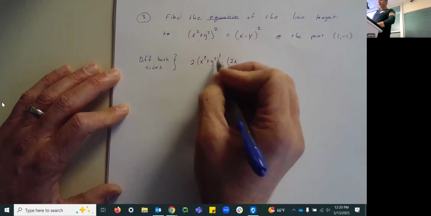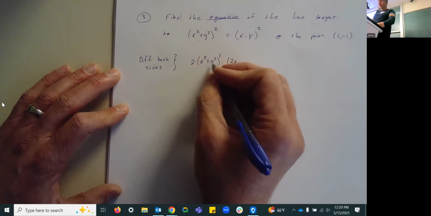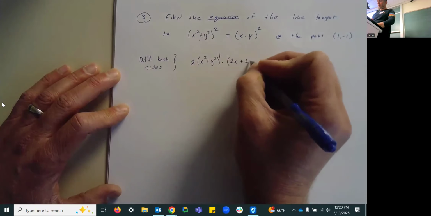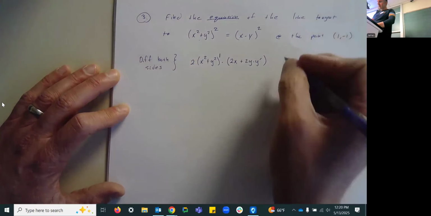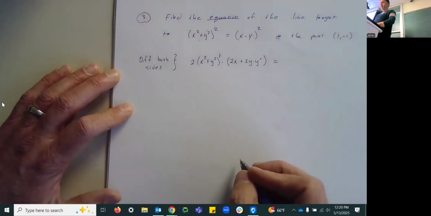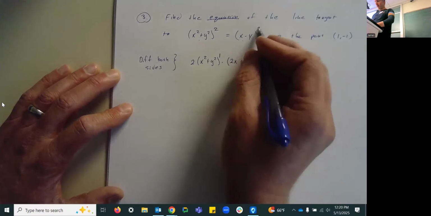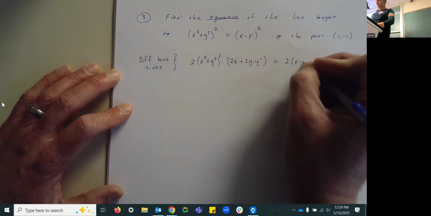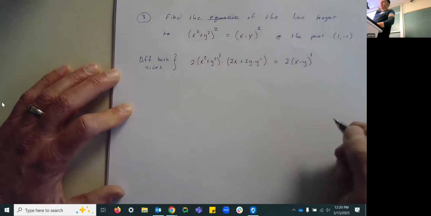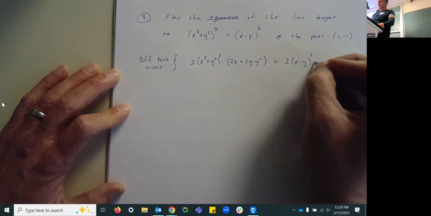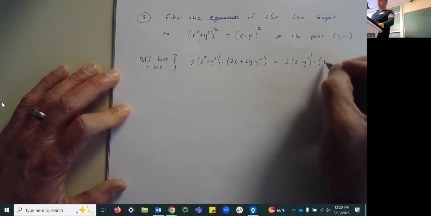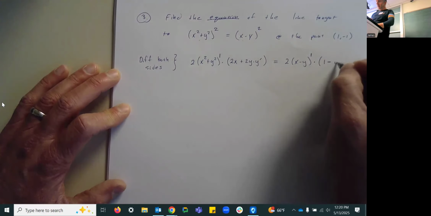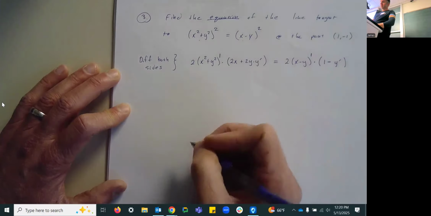The derivative of y squared is, well, y is, again, a function of x, so it's going to be 2 times y to the first times y prime. Equal to, on the right-hand side, the derivative of some stuff squared is 2 times our stuff to the first power. Again, you don't really have to write that first power. Times the derivative of the inside stuff here, which is 1 for the derivative of x, minus y prime for the derivative of y.